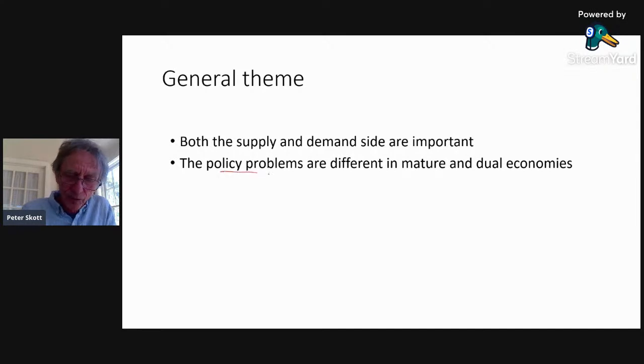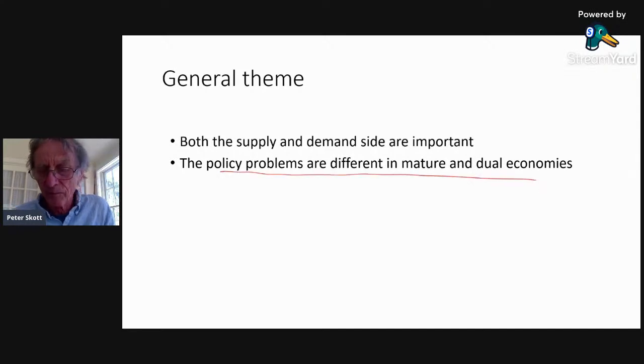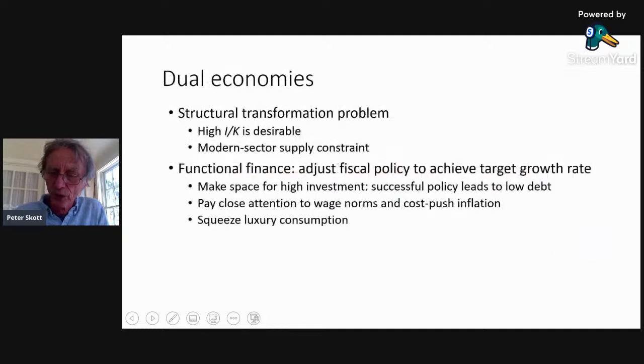Second theme, the policy problems are different in mature and dual economies. Mature economies may suffer, not all of them do, but they may suffer from a structural aggregate demand problem. Dual economies suffer from structural transformation problems. A high accumulation rate is desirable, but there's a modern sector supply constraint.